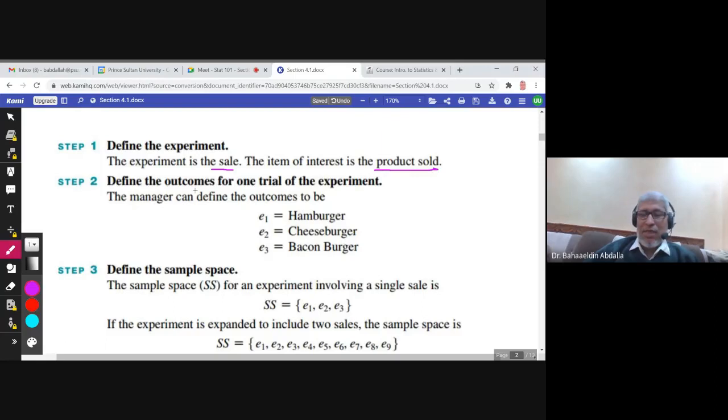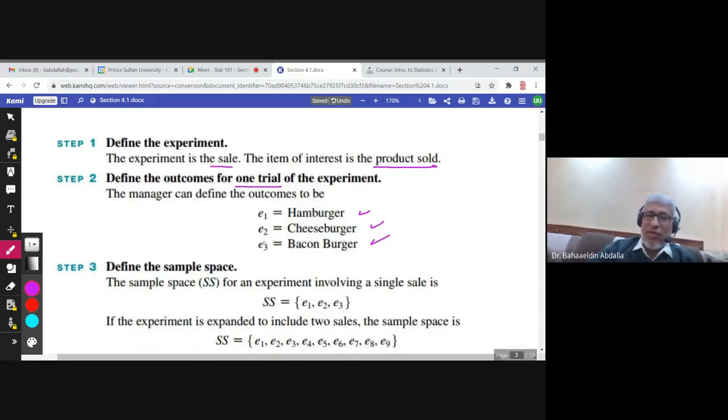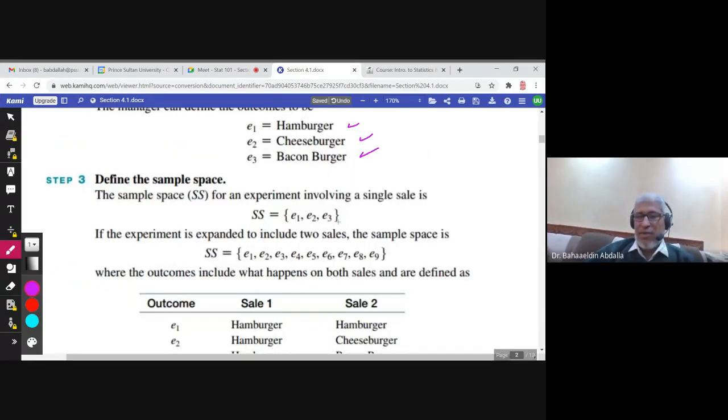Now, we need to define the possible outcomes for one trial, for one customer. If one customer asks, what are the possibilities? We have 3 possibilities, either hamburger, cheeseburger, or bacon burger. So for the first customer, H, C, and B, or you can call them E1, E2, E3. So this would be the sample space if a single sale is made, one customer.